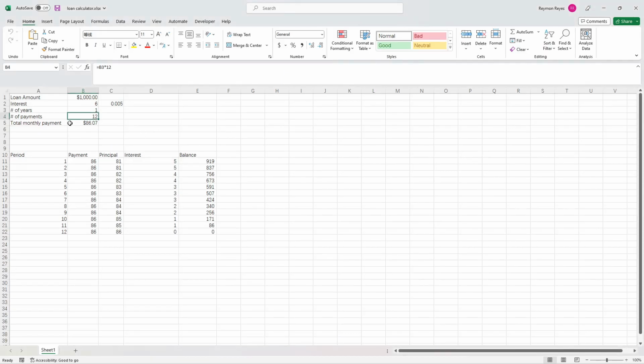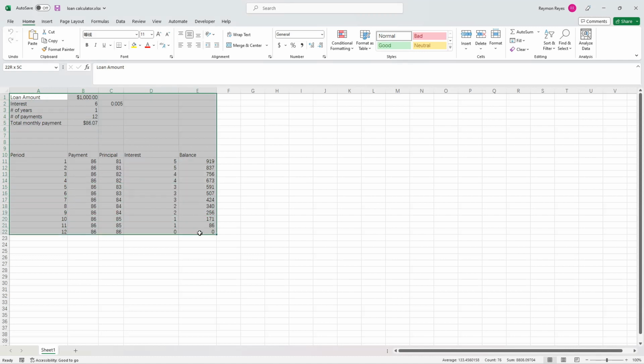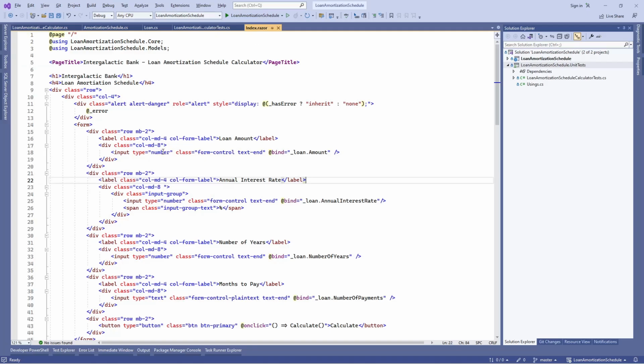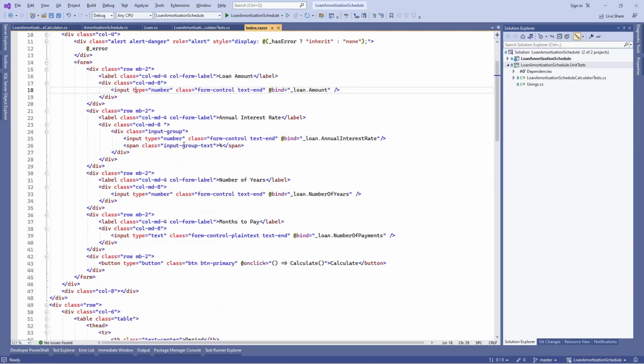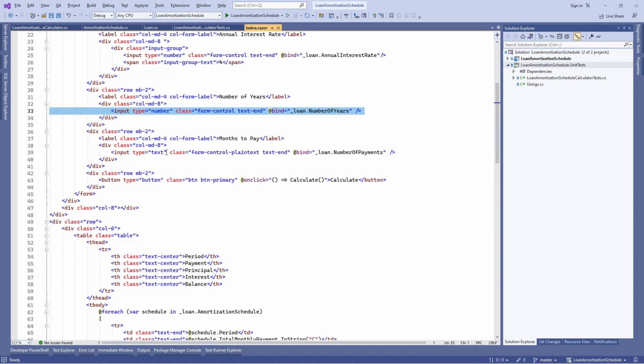Following this Excel format, we have added input forms for capturing the loan amount, the annual interest rate, and then the number of years. We have also added here a read-only one, although it's an input. It would display the total number of payments based on the number of years.